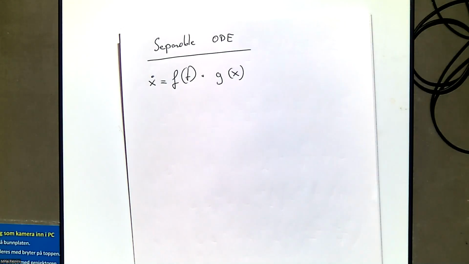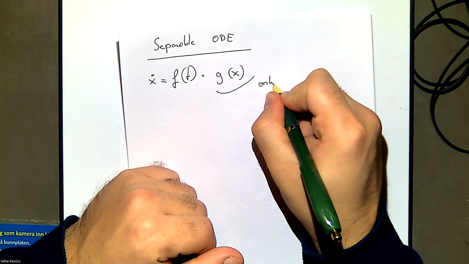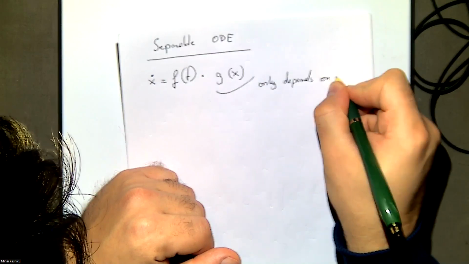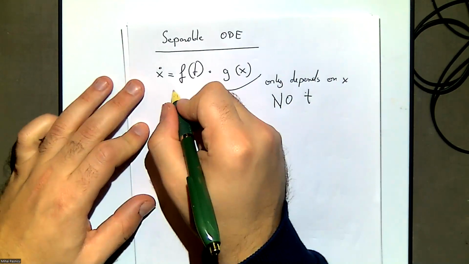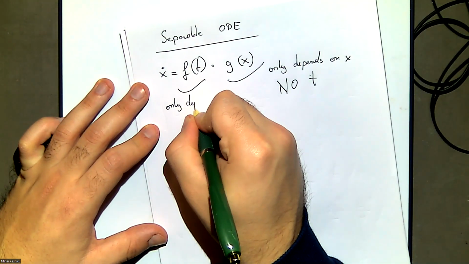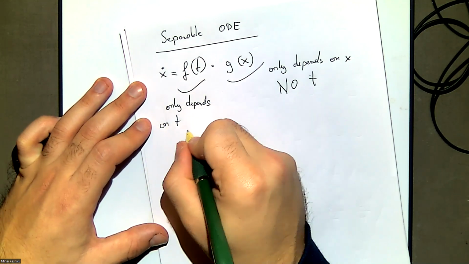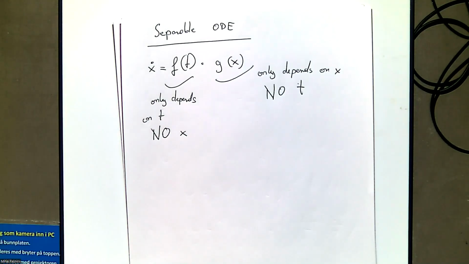The idea is that this thing only depends on x, no t, and this thing only depends on t, no x. You got it, separable. They can be separated from the name. So that's the whole idea.